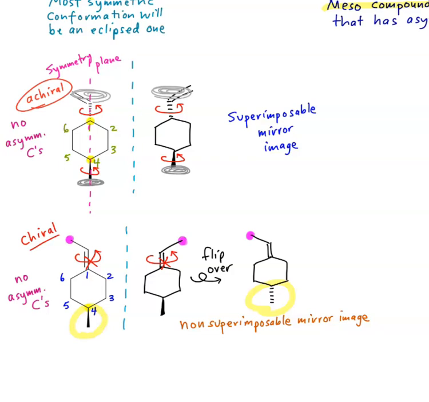These are not that unusual, but they will be for what we're doing. So I wanted to show you an example of something that was chiral that didn't have asymmetric carbons. So this one is chiral, even though it has no asymmetric carbons, but it does have stereocenters.